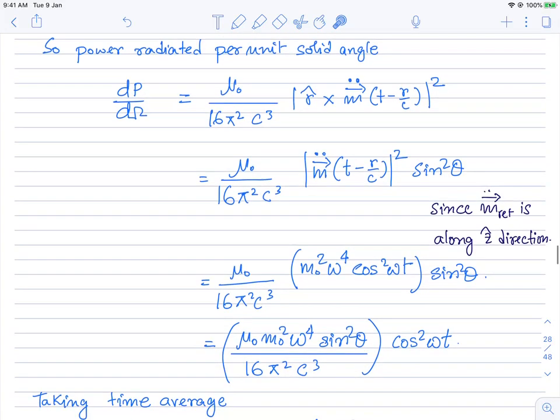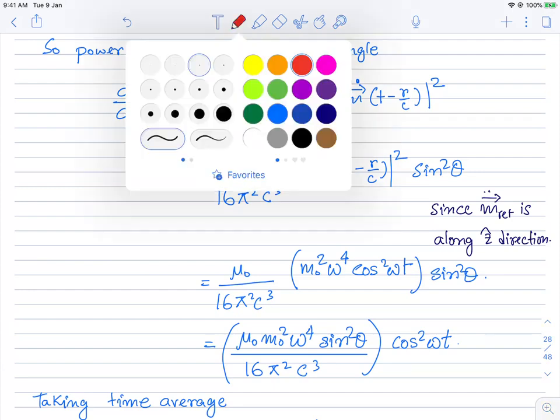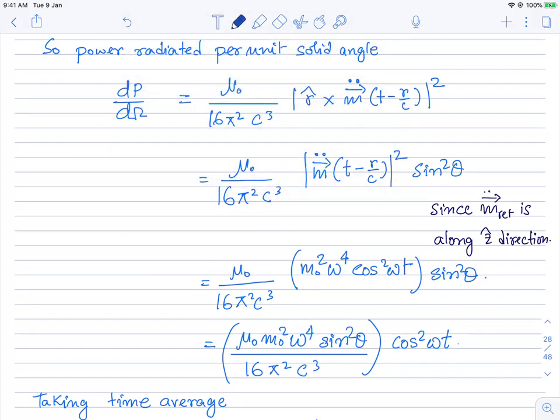Yeah, this is a little bit of a mistake actually. Technically, because this is at retarded time, I should write this as cos of omega t minus r by c.